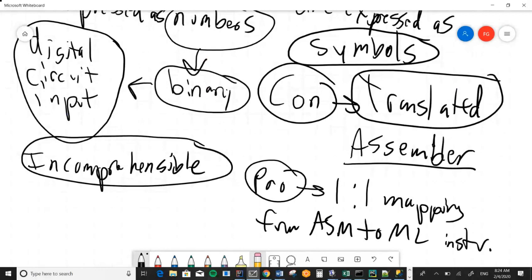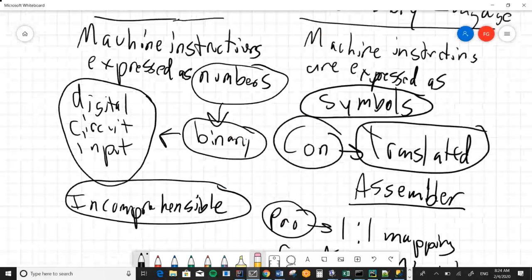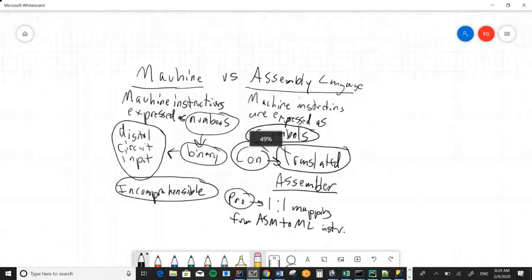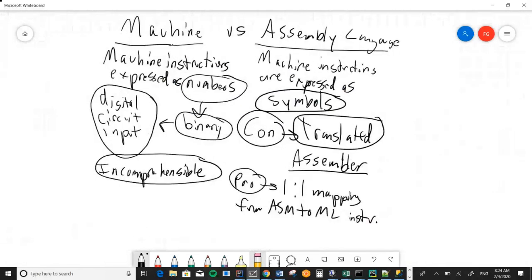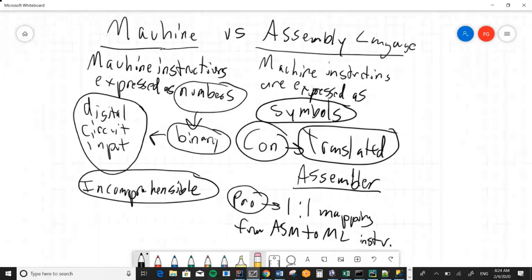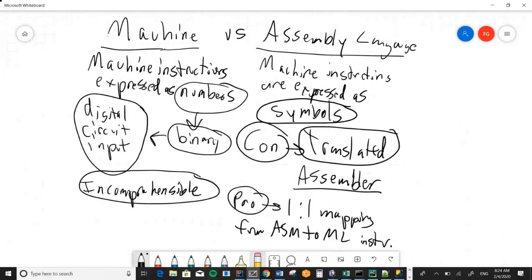That is, if you write a program in assembly language, that's the exact same program you would have written in machine language. There's nothing between what you wrote as a program and what the machine is going to do.